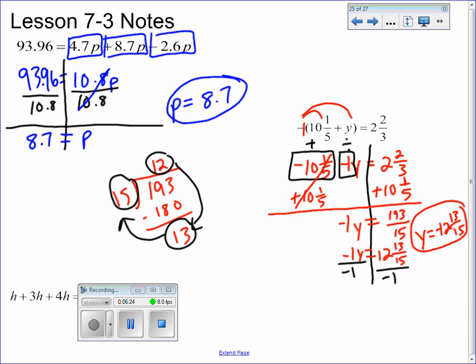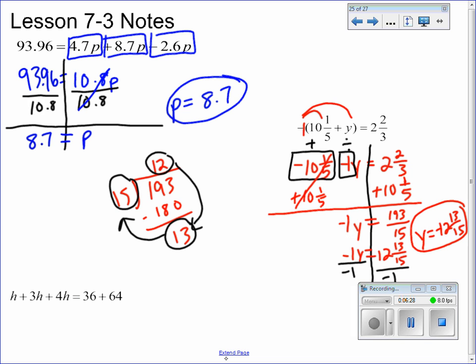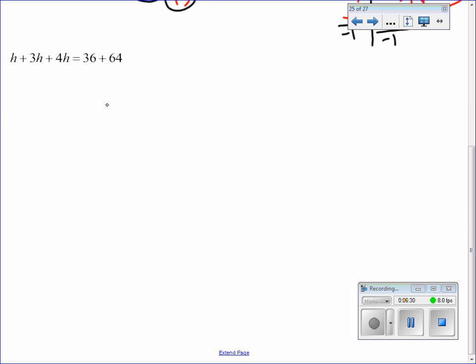Okay, the last example we're going to do asks us h plus 3h plus 4h equals 36 plus 64. The first step is always going to be either the distributive property, and there is no distributive property here, or combining like terms.